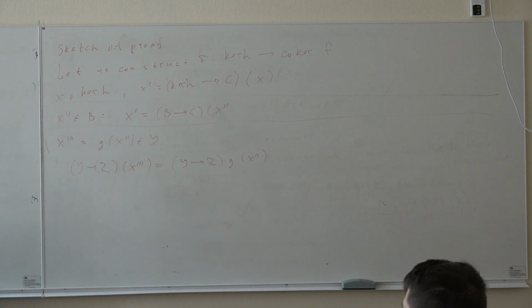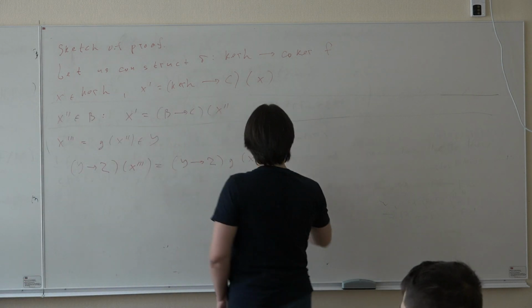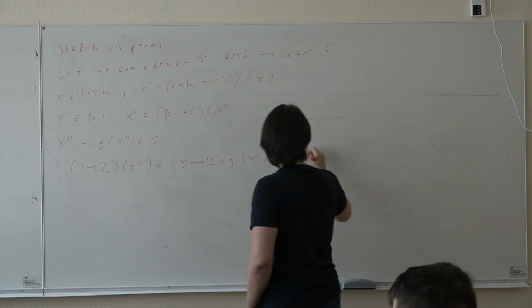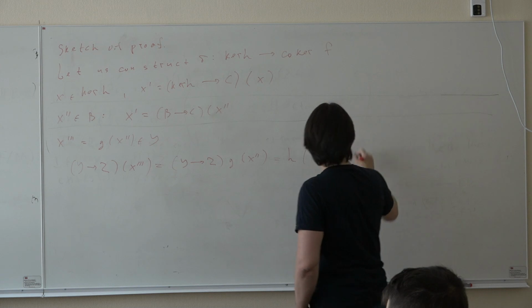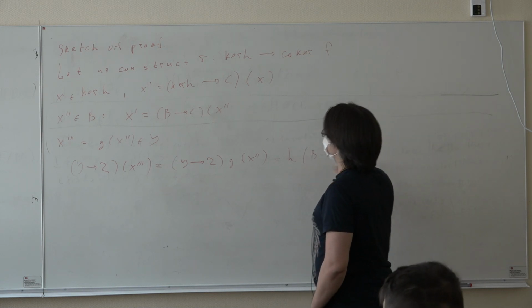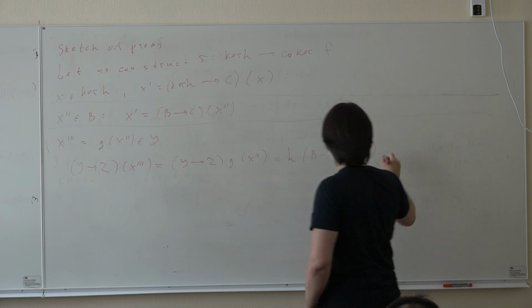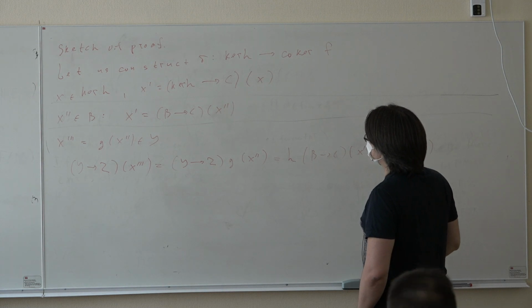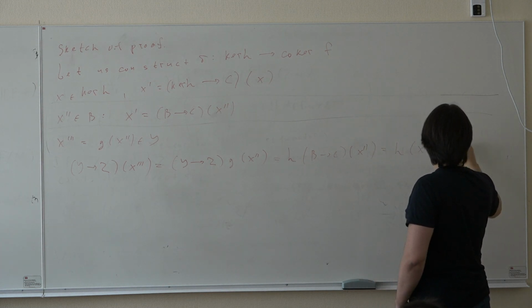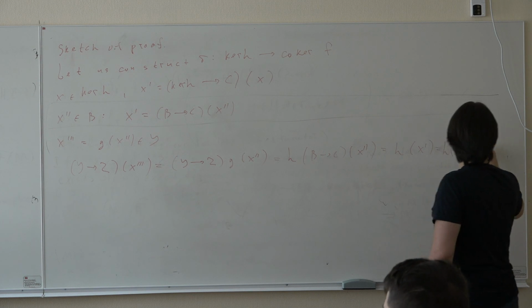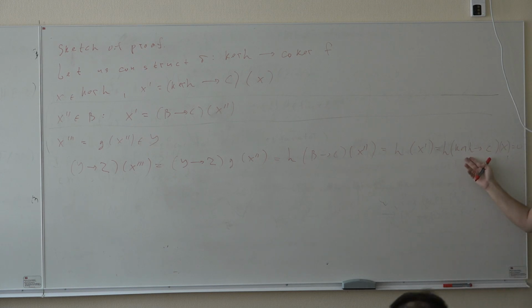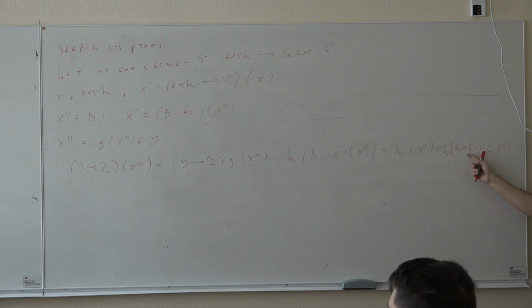But the square is commutative, so it is the same thing as applying h and this map to x2 prime. And b to c of x2 prime is x prime. It is h of x prime. It is h of c of x, and it is 0 because we apply h to some element of the kernel of h.